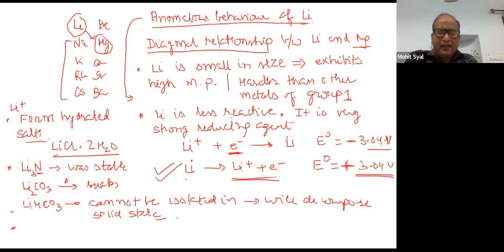Okay, the next thing is other metals react with carbon, and with carbon they form the salts. Other metals react with acetylene, right?